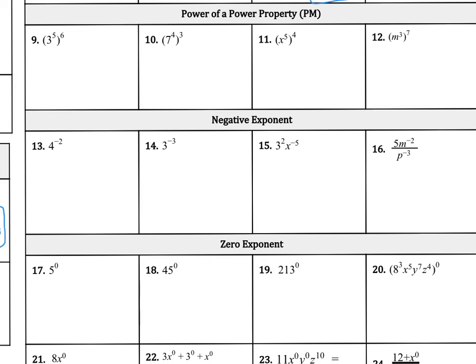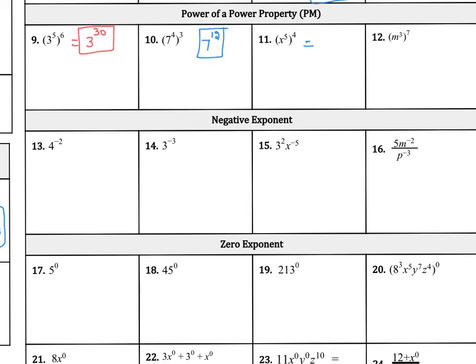Power of a power property, we are going to do question number 9. Here you're going to multiply the power with the power. So 3 to the power 5 times 6 is 30. So 3 to the power 30 is your answer. For number 10, your answer is going to be 7 to the power of 12.